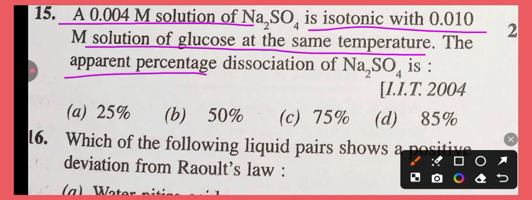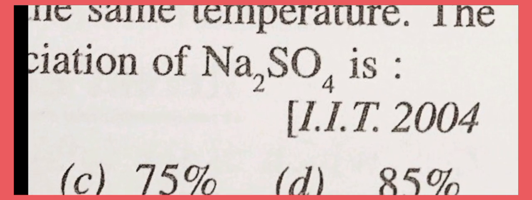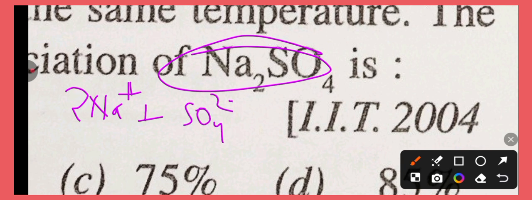The apparent percentage dissociation of Na2SO4 is... When Na2SO4 is dissociated, it forms 2Na plus and SO4 2 minus.